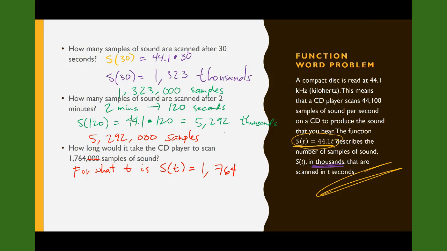And to solve this, we know what S of t is equal to. It's 44.1 t. So we do 44.1 t equals 1764, and then we divide both sides by 44.1.